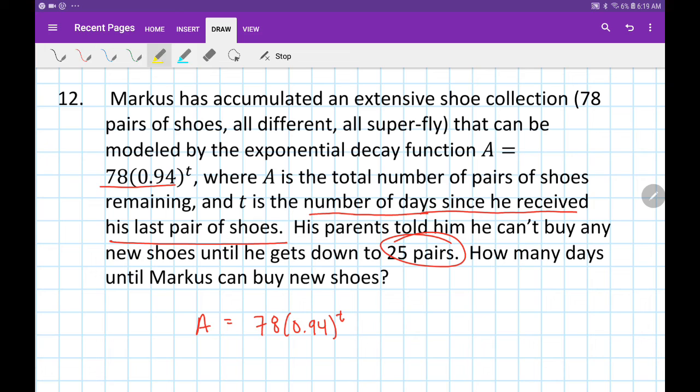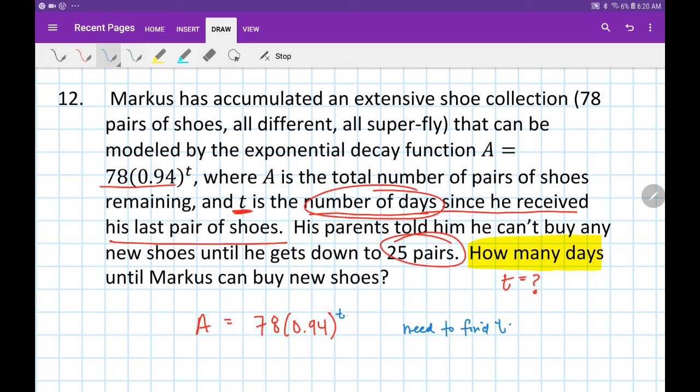So when the question is how many days, that's code word for saying what does t equal? Remember, t is the number of days. So if we need to know how many days, we need to figure out what t is. So I'll just write that in a different color to remind myself it's what I'm solving for. Okay, I need to find t.